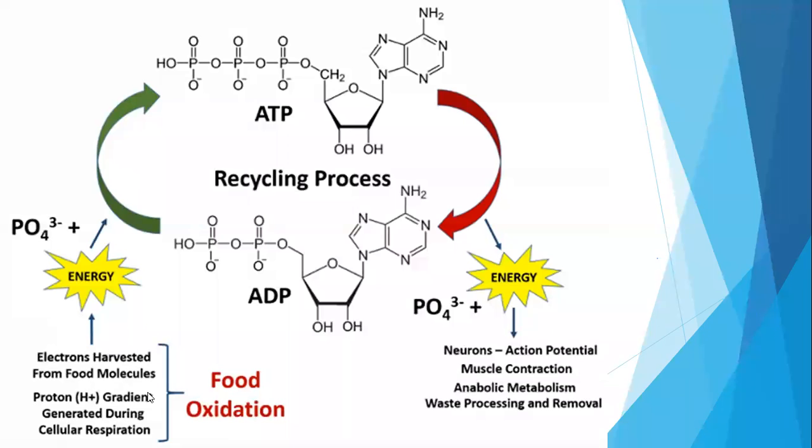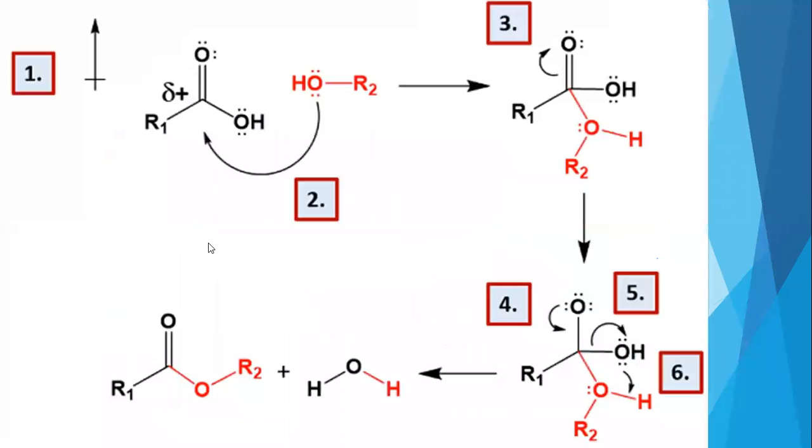Electrons are harvested from food molecules, with protons and reagents generated during cellular respiration. And then you have this phosphate reaction with our process here. This is an oxidation reduction reaction.